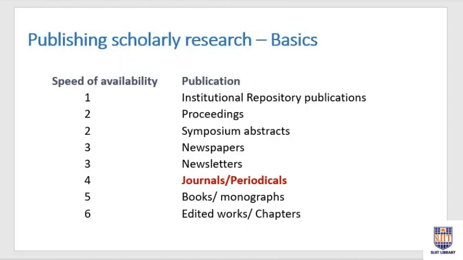That is also easy. But see the red one, the 4th one, that is journals and periodicals. When you are publishing in periodicals and subject journals, especially scholarly journals, it takes some time, on average sometimes 3 or 4 months. That is because when you submit to a journal or periodical of a reputed nature, they send your article for peer review. That means 2 or 3 people blind review the article.